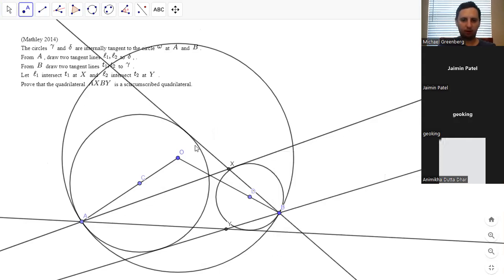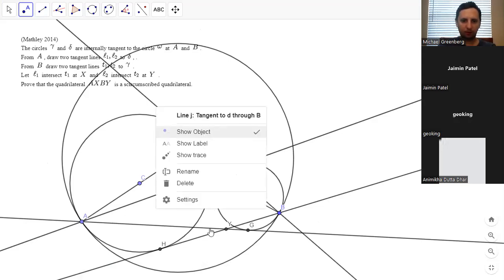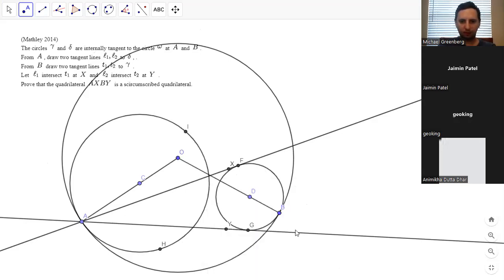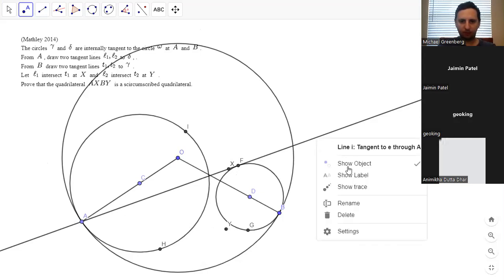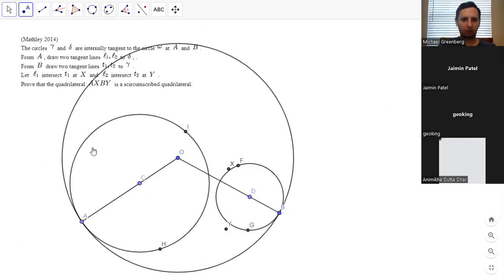Let me draw these points. Okay. That, and then we have that.